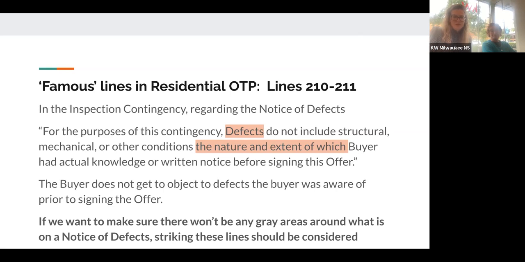Yes, we already knew about it. But by striking these lines, we are able to put this on a notice of defects. Come to me or Joan if there are questions on that. Again, I think just as a buyer's agent, it's always good to consider striking them.